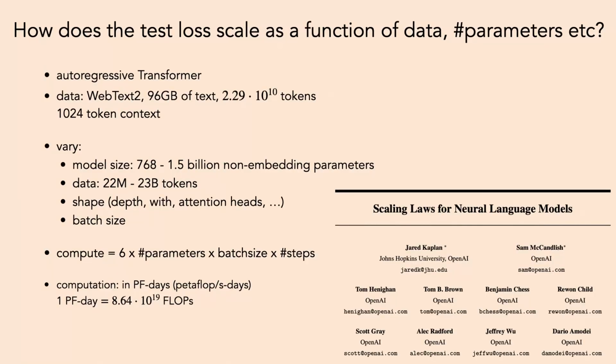So number of data points is batch size times steps of gradient descent, right? And then times parameters, that's how many flops. And then for some reason, you multiply by 6. I don't quite know where that comes from. But that's the constant that turns the units into flops. So they ran these for petaflop days, like they ran this on a lot of compute.